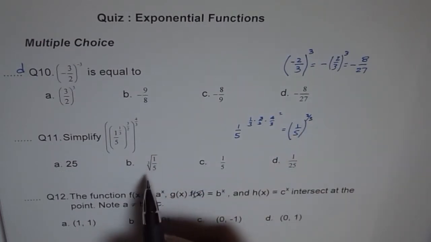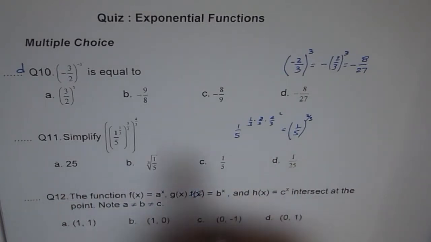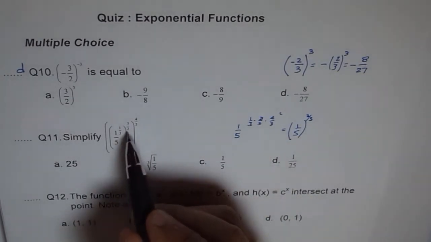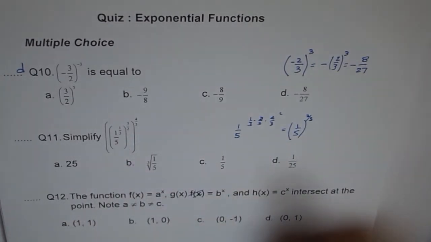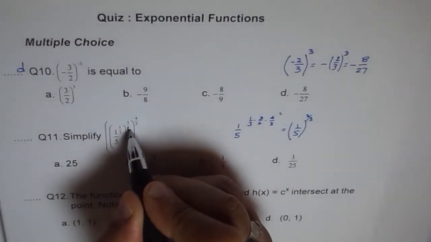So we have an answer close by, but we don't really have that answer. Maybe it's a typing error. I think there's a typing error here, so I'll change the question and make this 4.